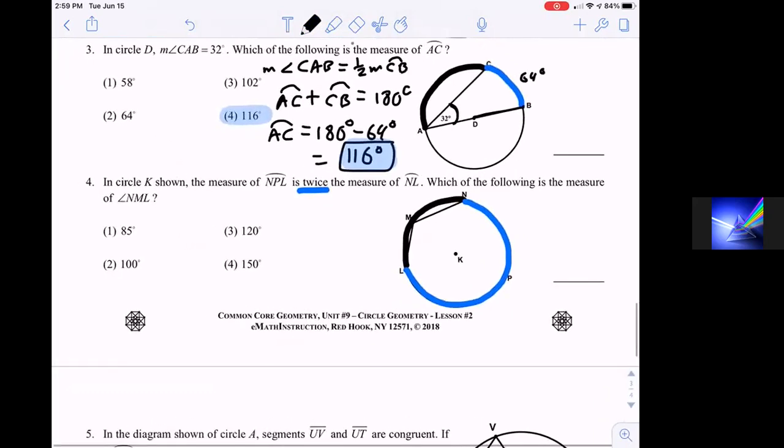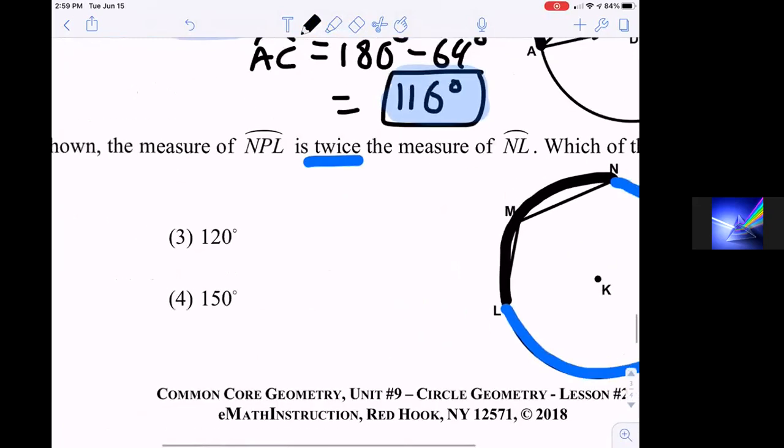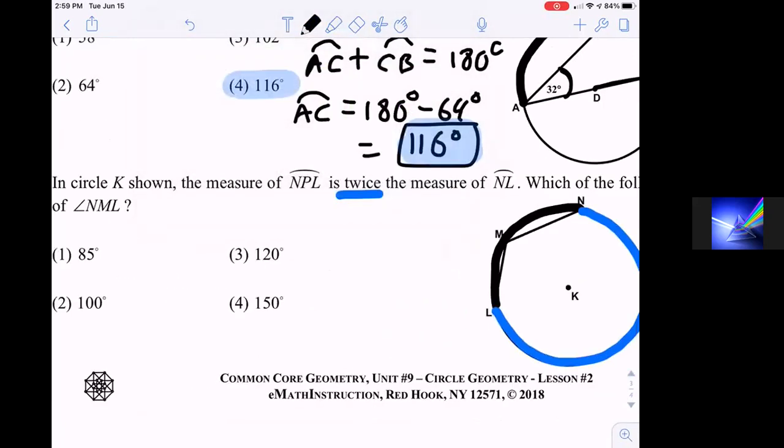Okay, so here's what we know. The black and the blue together have to add up to 360. So what we can do is let arc NL be X, and therefore NPL be 2X.